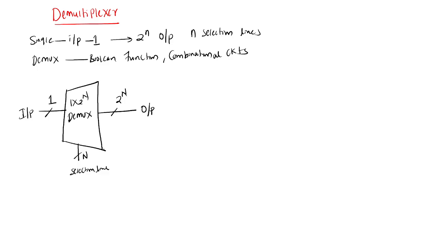Suppose we consider a 1 cross 2 demux. How many inputs are there? One input and two outputs. How many selection lines? One selection line.